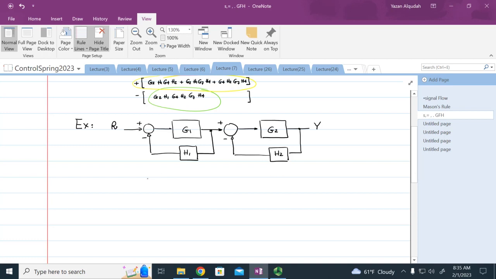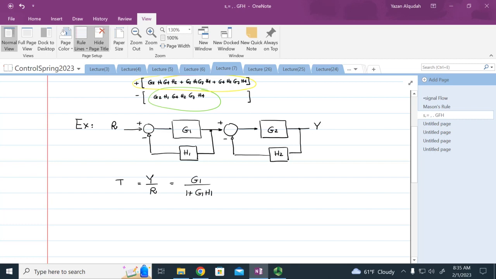So if we calculate the transfer function, Y over R is going to equal the first feedback loop. What is the gain of it going to be? G1 over 1 plus G1 multiplied by H1.